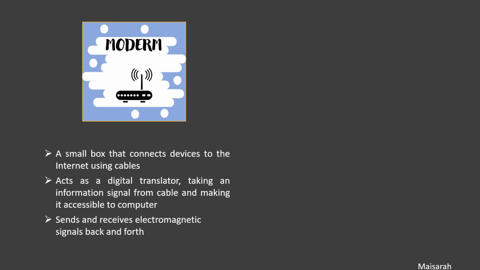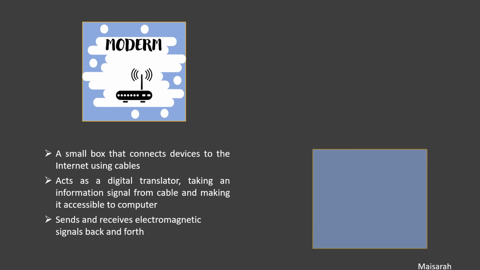A modem actually acts as a digital translator, taking an information signal from cable and making it accessible to a computer. It sends and receives electromagnetic signals back and forth to a computer network station, or commonly called a Wi-Fi hotspot.